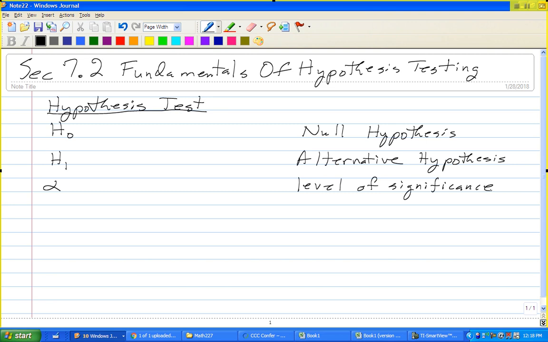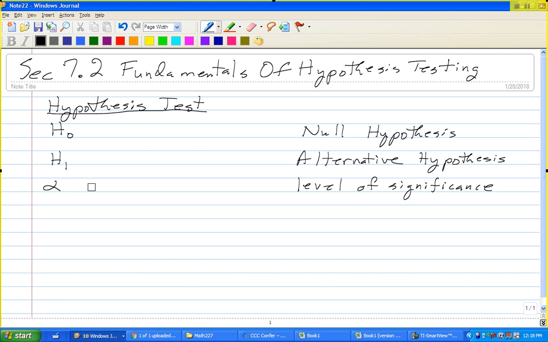A hypothesis test just consists of these three objects.